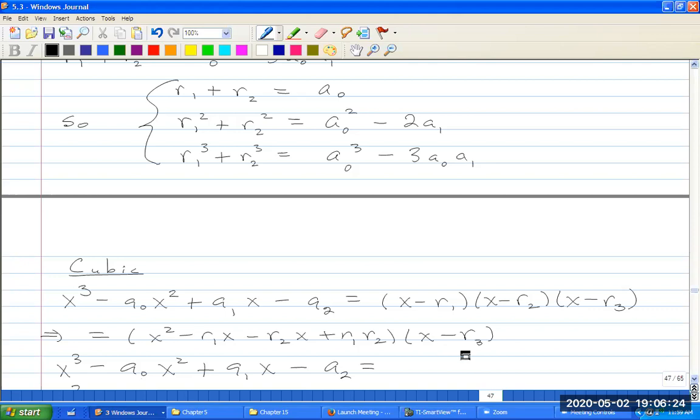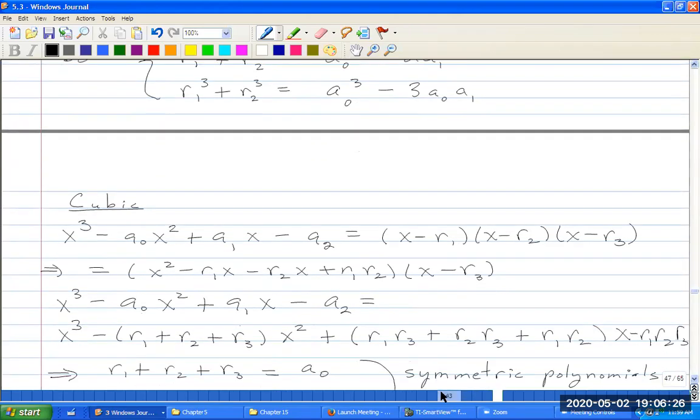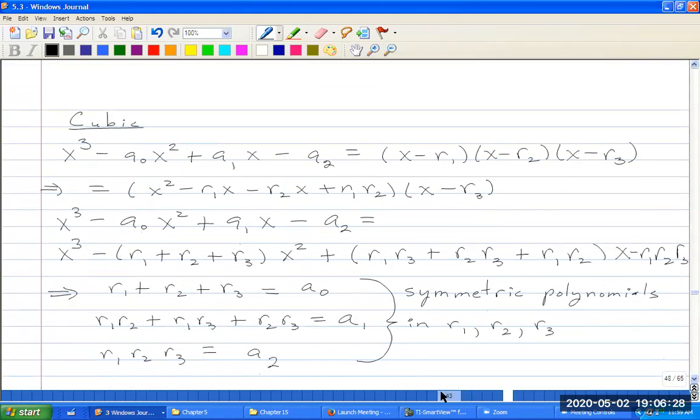So if I multiply this out, I get that this is equal to x cubed minus (r1 plus r2 plus r3) x squared plus (r1 r3 plus r2 r3 plus r1 r2) x minus r1 times r2 times r3. So we get r1 plus r2 plus r3 must equal a0.